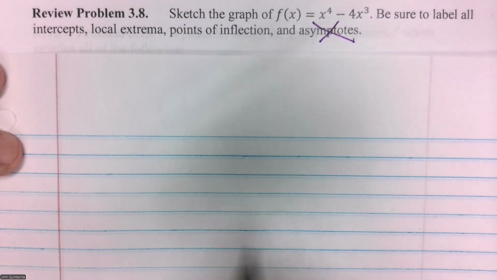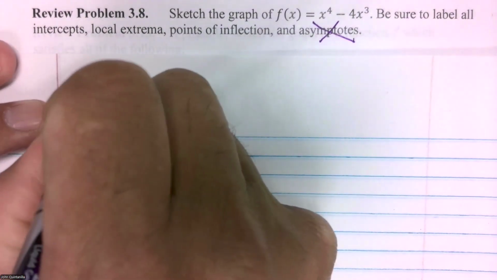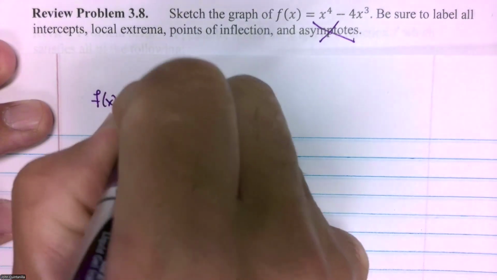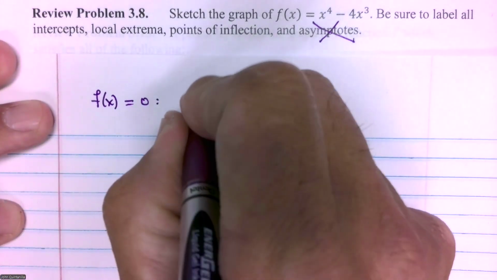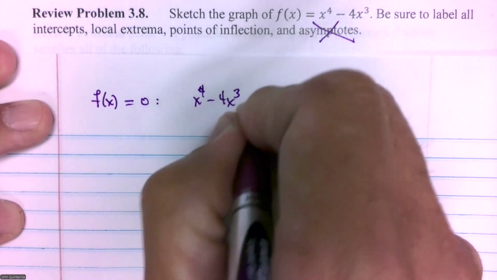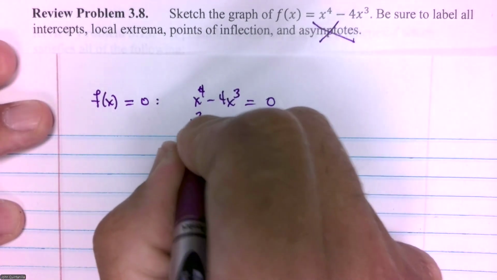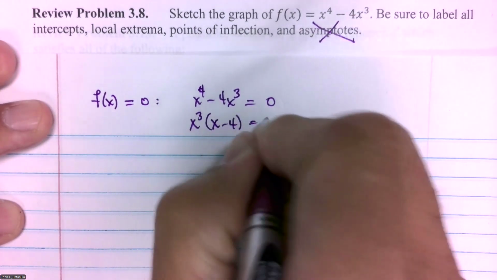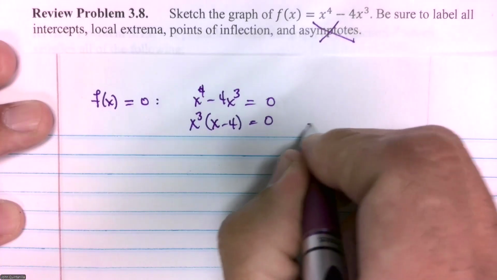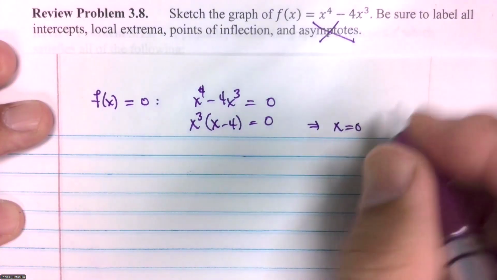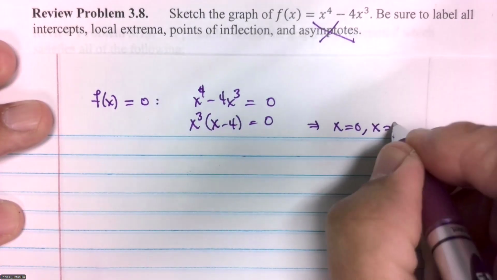For the intercepts, let's solve f of x is equal to 0. So x to the fourth minus 4x cubed equals 0. x cubed times x minus 4 equals 0. And so I have x-intercepts at x equals 4 and 0.